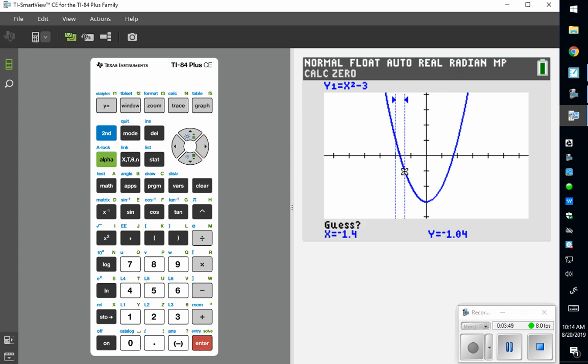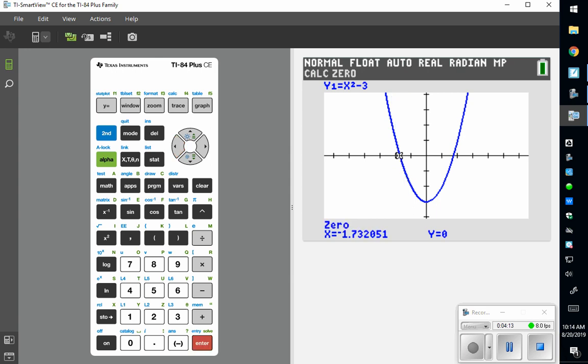Press enter. And there's another boundary line. So we have told the calculator to look for a 0 between those 2 lines. Even if your calculator does not show you the lines, you probably have little arrows. And now it wants a guess, so just go in between. It doesn't matter if you're on the 0 or not, you're just somewhere in between.